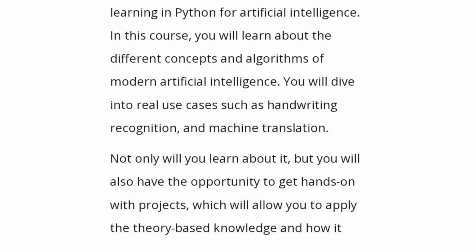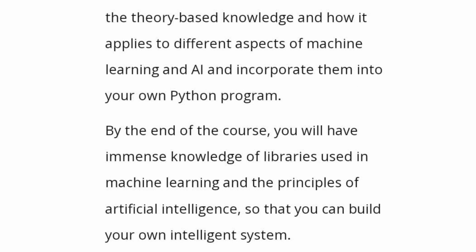Not only will you learn about it, but you will also have the opportunity to get hands-on with a project, which will allow you to apply the theory-based knowledge and how it applies to different aspects of machine learning and AI, and incorporate them into your own Python program. By the end of the course, you will have immense knowledge of libraries used in machine learning and the principles of artificial intelligence so that you can build your own intelligent system.